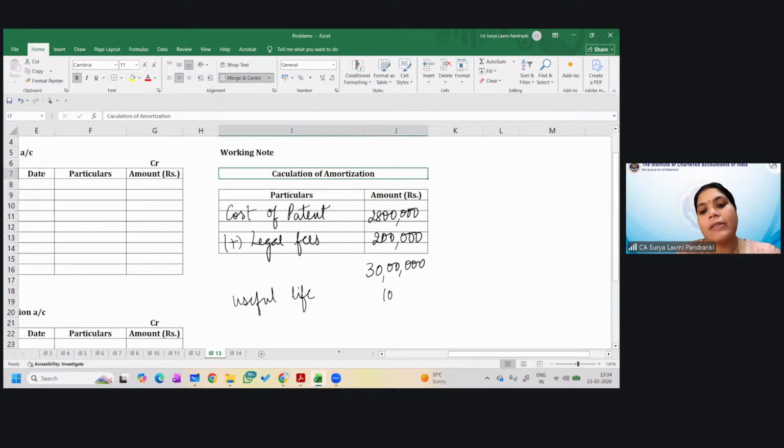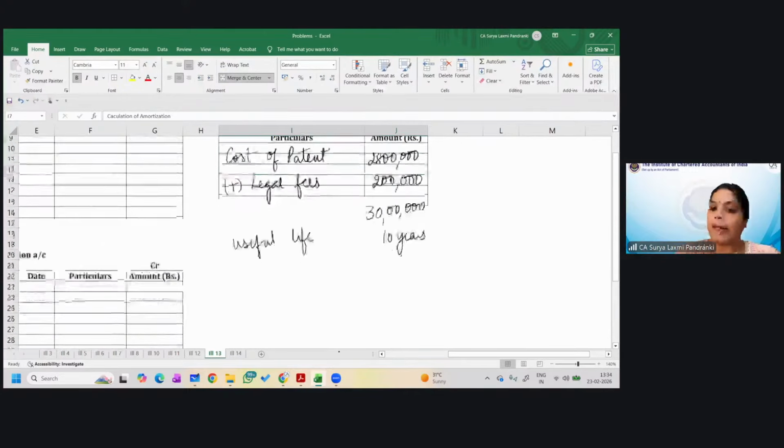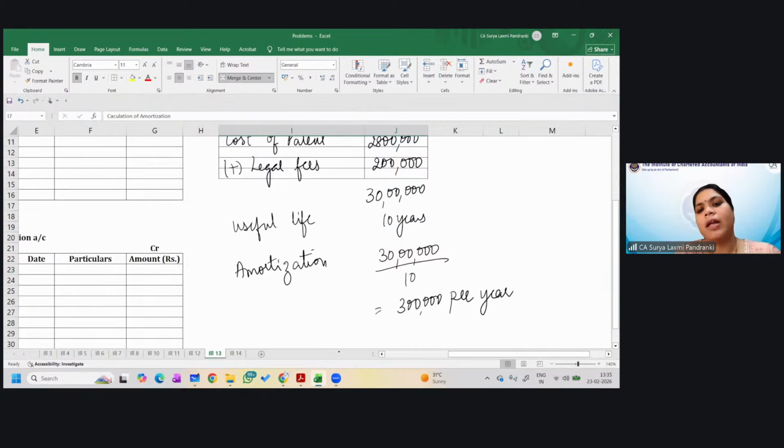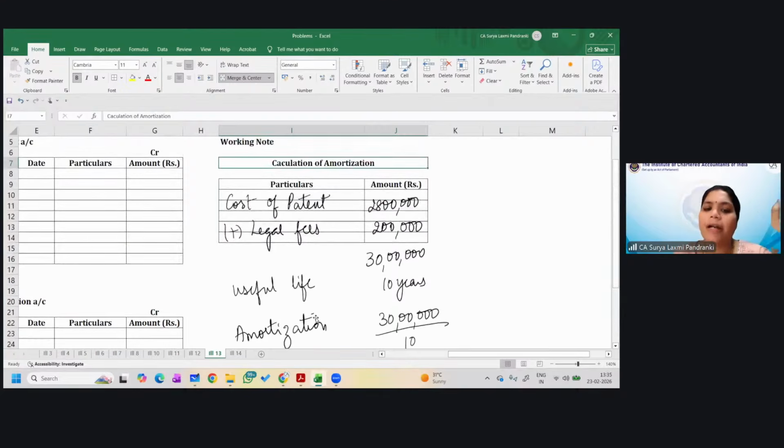They told that you can use this patent for how many years? 10 years, which means amortization. It is not called depreciation, it is called amortization. Amortization is how much? 30 lakhs divided by 10, which is how much? 3 lakhs per year. This is clear? Very simple calculation. Like we have done depreciation only, same thing, only the wordings will change.